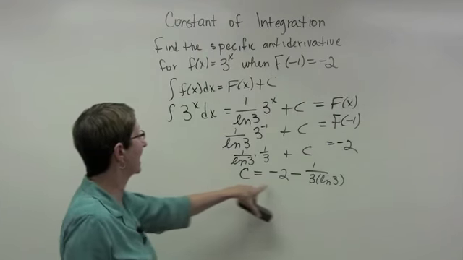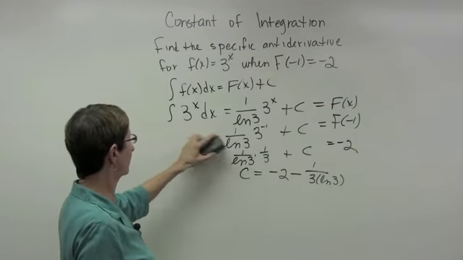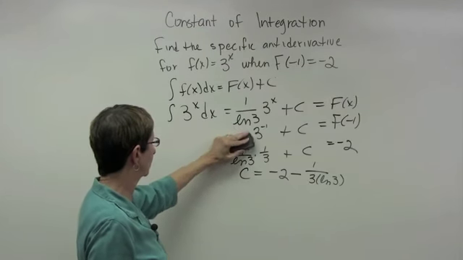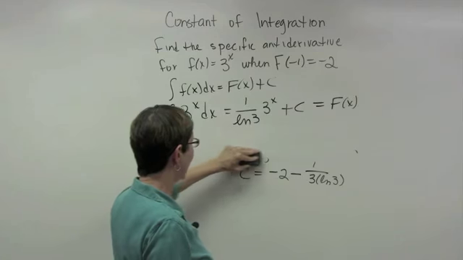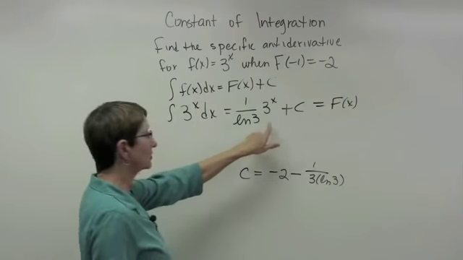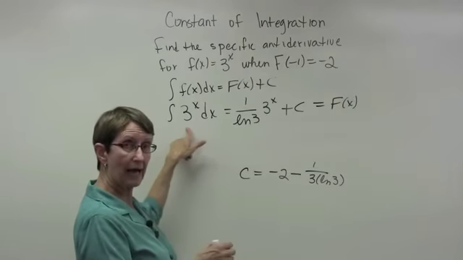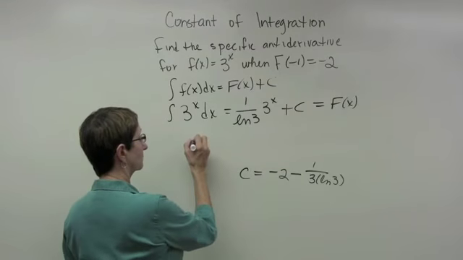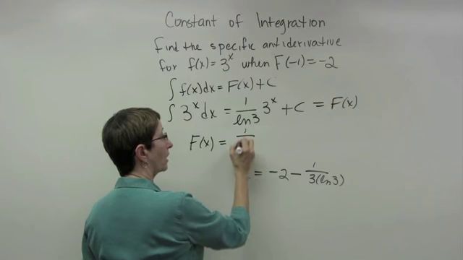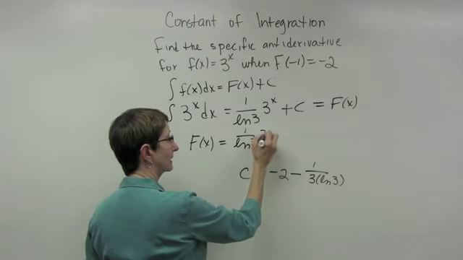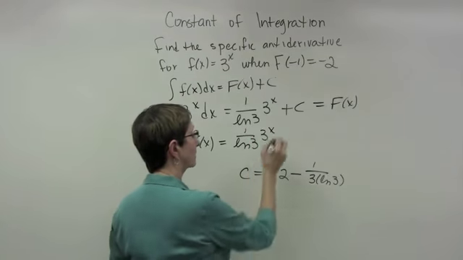Let's go back up and see how this is going to fit in with our function. Let me get this little piece in the middle out, because I need my function that I got when I took the antiderivative. My function F of x is equal to 1 over ln of 3 times 3 to the x plus c.